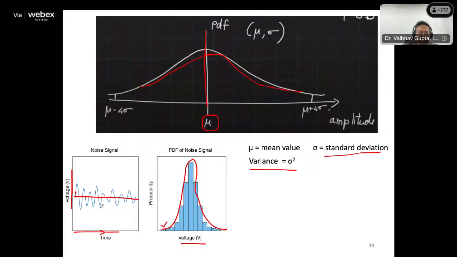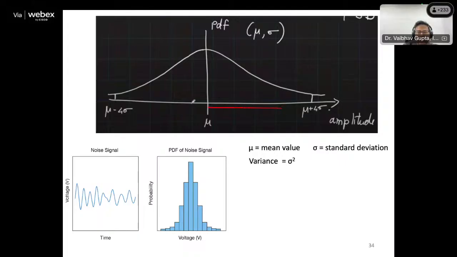Now if there is a graph, and suppose the mean value is this, it is possible that fluctuations are there only within this envelope. There is a very low probability that there are fluctuations out here as well. At some particular time there might be fluctuation from this point to this point, but there is no way that there are fluctuations here. So if you go 4 sigma away from your mean in this direction and 4 sigma away in this direction, roughly 99.9% of the fluctuations are covered.